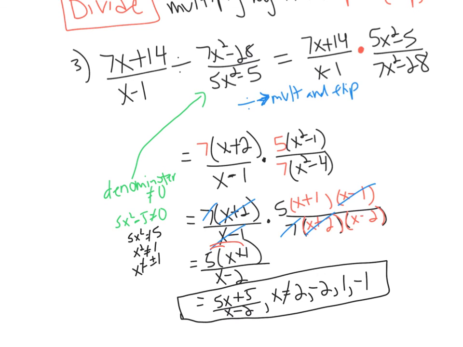So tack that one to the list, and a fully simplified answer will be 5x plus 5 divided by x minus 2, with the restriction that x cannot equal 2, negative 2, 1, and negative 1. So that shows you dividing rational expressions.